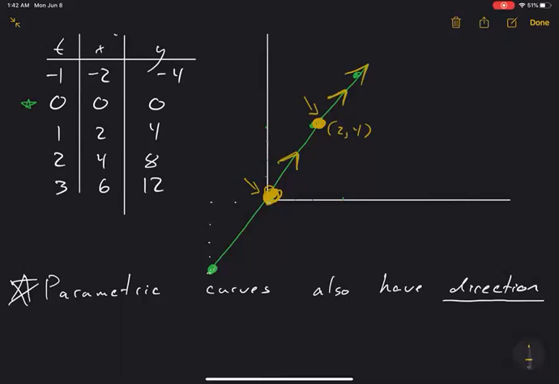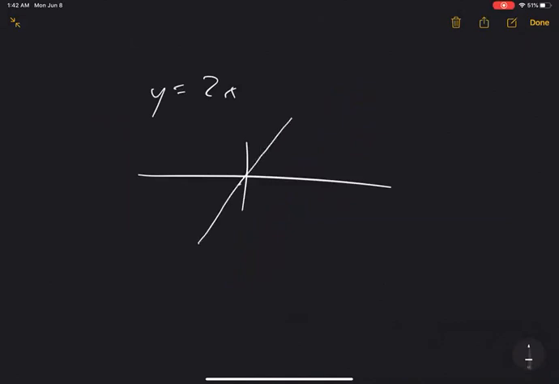So these parametric curves have a direction built in that normal Cartesian curves don't. So if I just had the equation like y equals 2x, okay, that line looks very similar to what we just saw, right? It looks something like this. But if my car is moving along this line, what direction is it going?